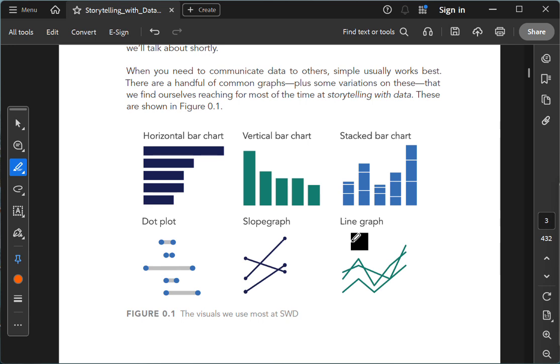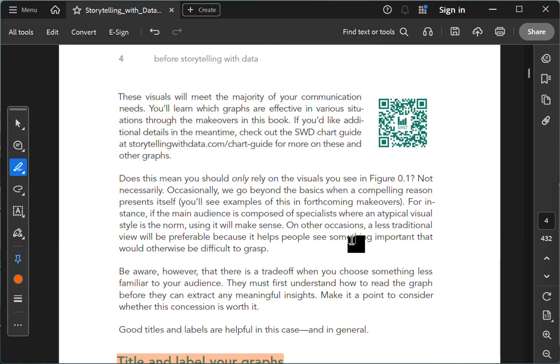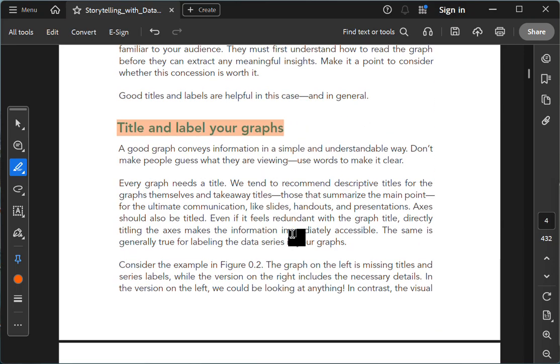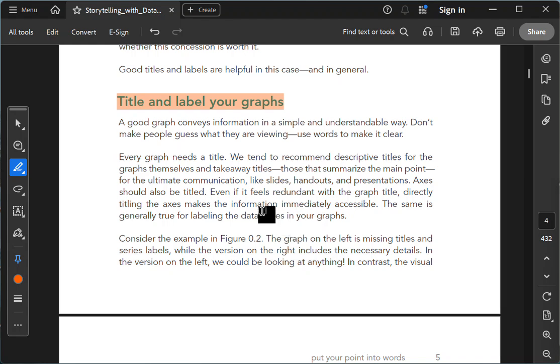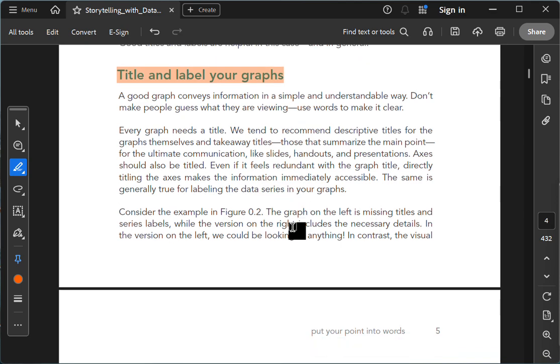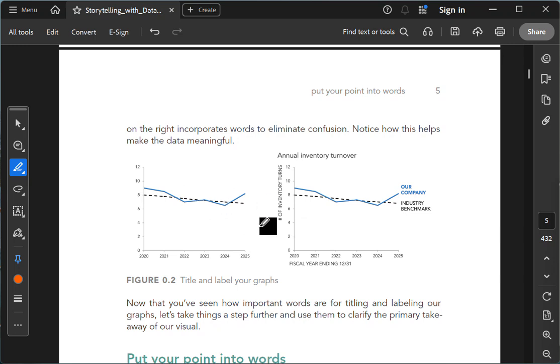When using graphs, one of the first things to do is to properly title and label your graphs. The book teaches that it's better when you use a descriptive title for your graph so that when your audience looks at it, they can immediately tell what information is being presented to them. We have a couple of examples here where on the left we see a line graph that doesn't really tell us what it is presenting.